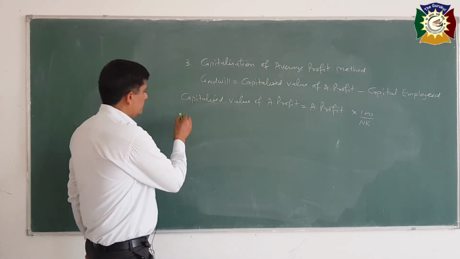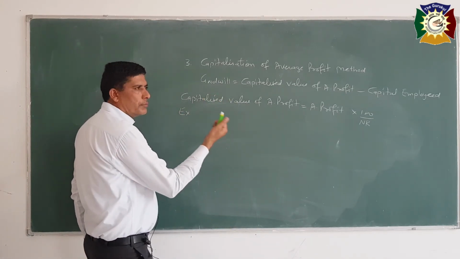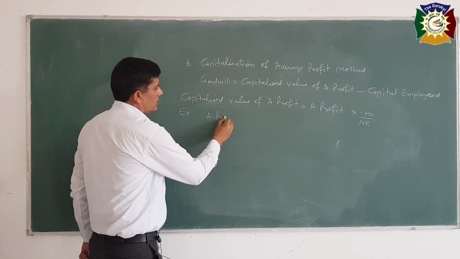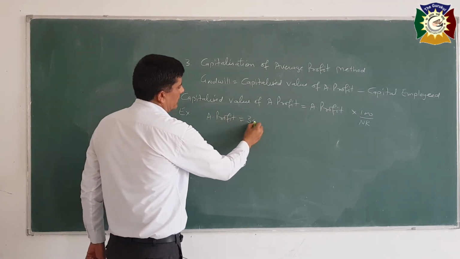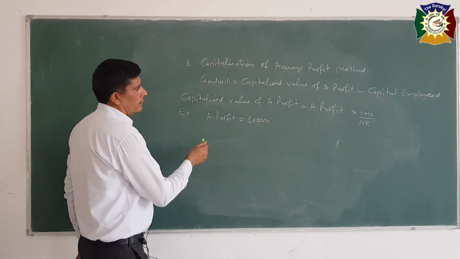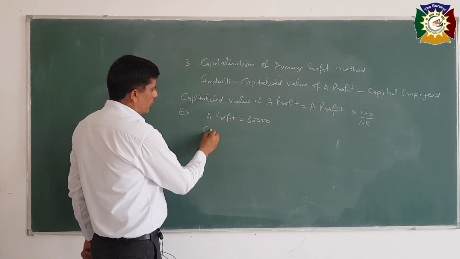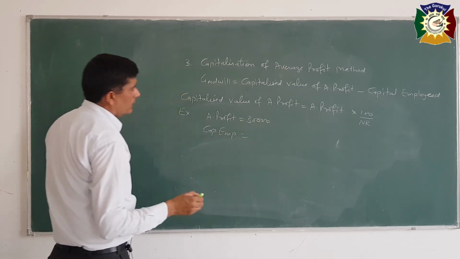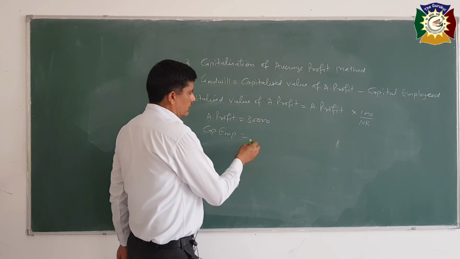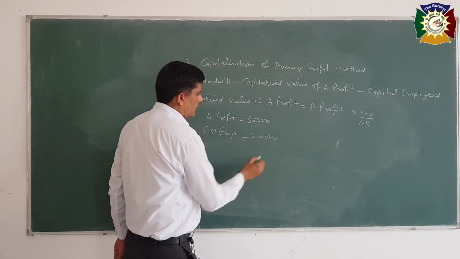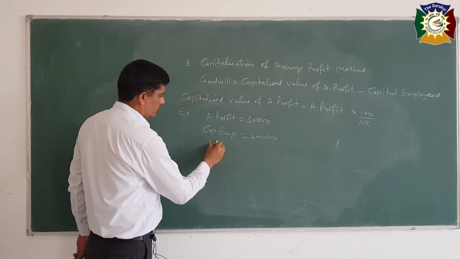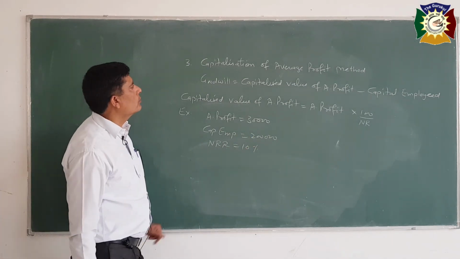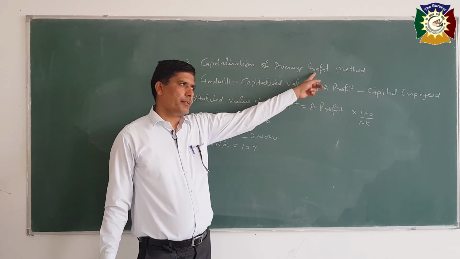For example, in a question profits are given, so first you will take the average. If average profit is 30,000 and capital employed is 2 lakh, NRR is 10%. Calculate the value of goodwill by capitalization of average profit method.